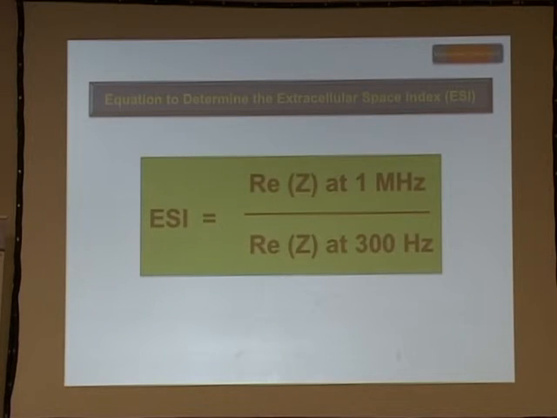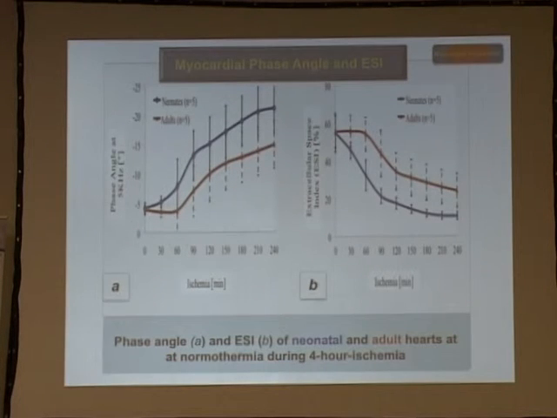And finally, we can calculate the extracellular space index, and this index indicates the edema formation in the neonatal heart. And this is the worldwide accepted parameter to calculate. And we have done this, and here on the right side you see the difference at 4 hours of normothermic ischemia.